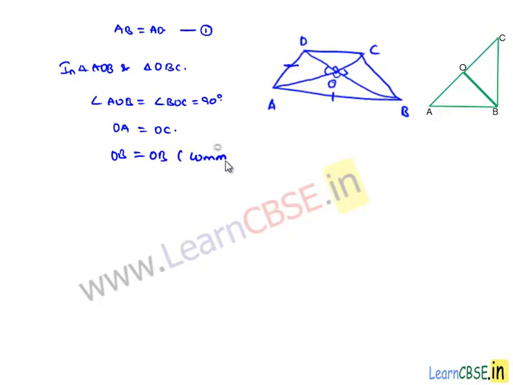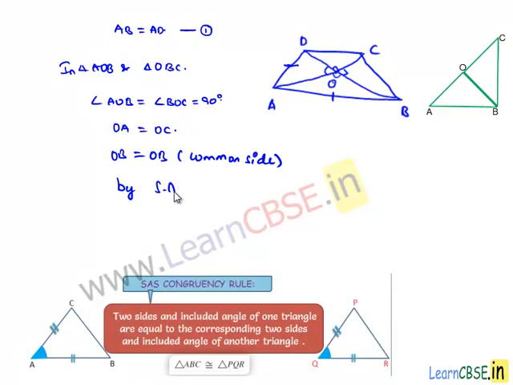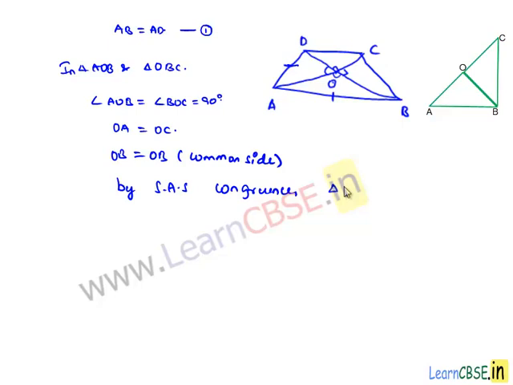So here the two corresponding sides and an angle of triangle AOB and triangle BOC are equal. Therefore, by the SAS congruence rule, triangle AOB is congruent to triangle BOC.